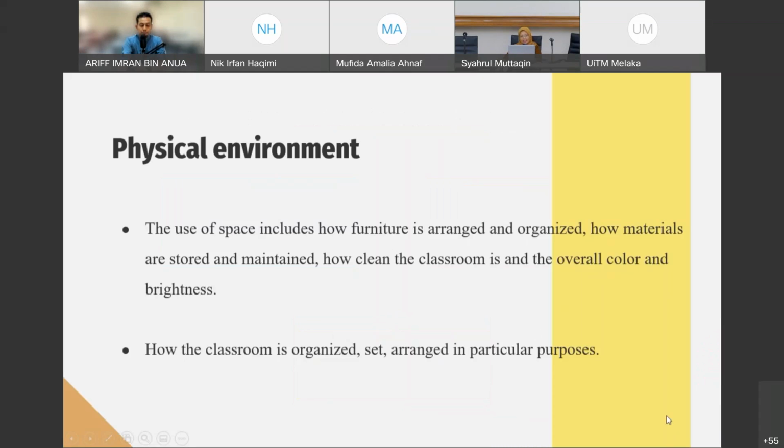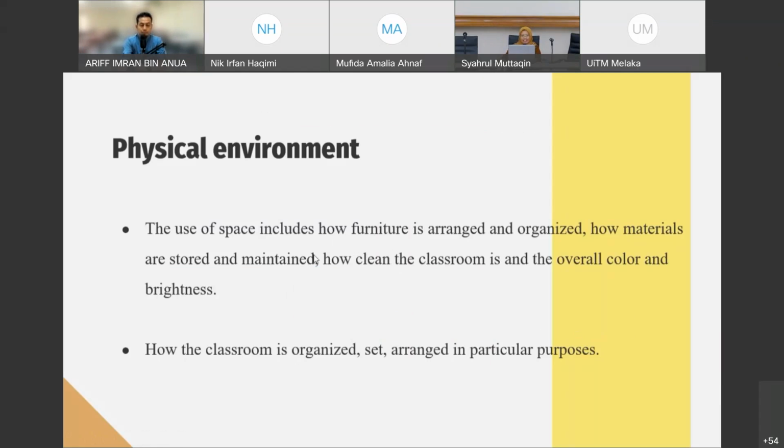The first is the physical environment. The use of space includes how furniture is arranged and organized, how materials are stored and maintained, how clean the classroom is, and the overall color and also brightness.